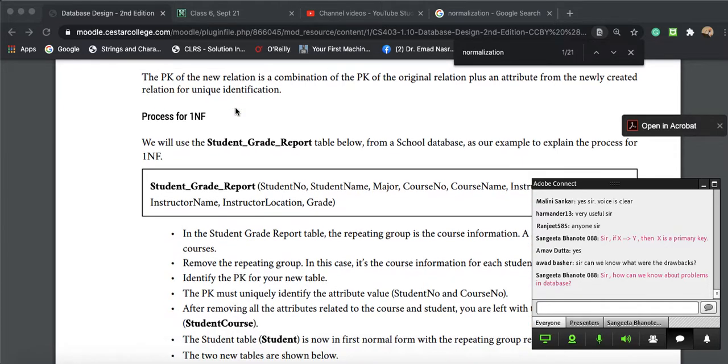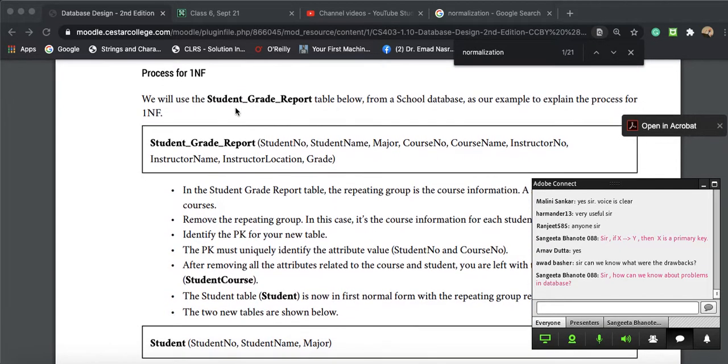Let's look at the example. Look here. Student grade reports. This is a table. Suppose we have a table called student grade reports. So, what are the attributes?